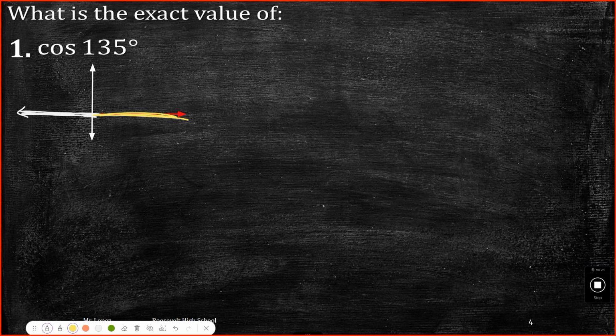That was the lesson from yesterday. So now I'm going to go up 90. How much more do I have to go? 45. Thank you. So you need to know how to draw this, and this is 135.